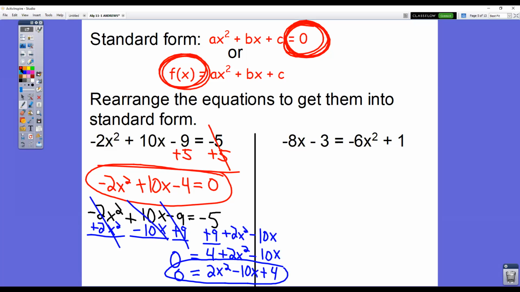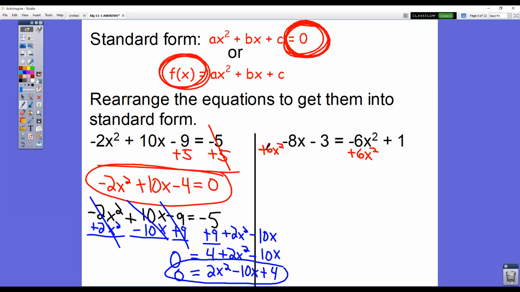Take a look at this one. You have two things on one side, you have two things on the other. So unlike the previous example that had 3 things on one side and 1 thing on the other, this one doesn't have an easier way to do it. This one, it doesn't really matter which way you do it. All right, let's get rid of everything from the right-hand side. So plus 6x squared, plus 6x squared.